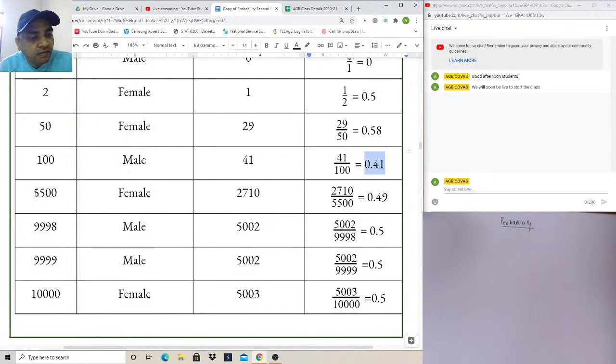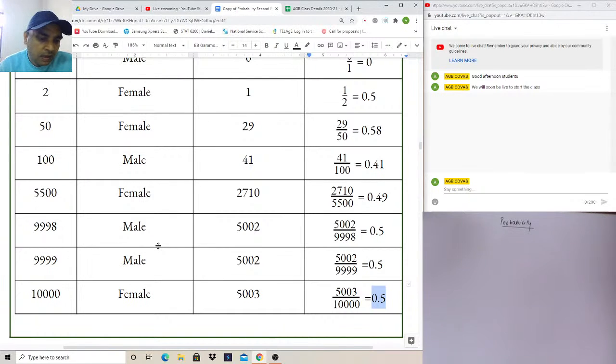Then at 5500 parturitions we see that 2710 females were there, and hence the probability was 0.49. But as we increase this number further, the probability gets stabilized at 0.5.